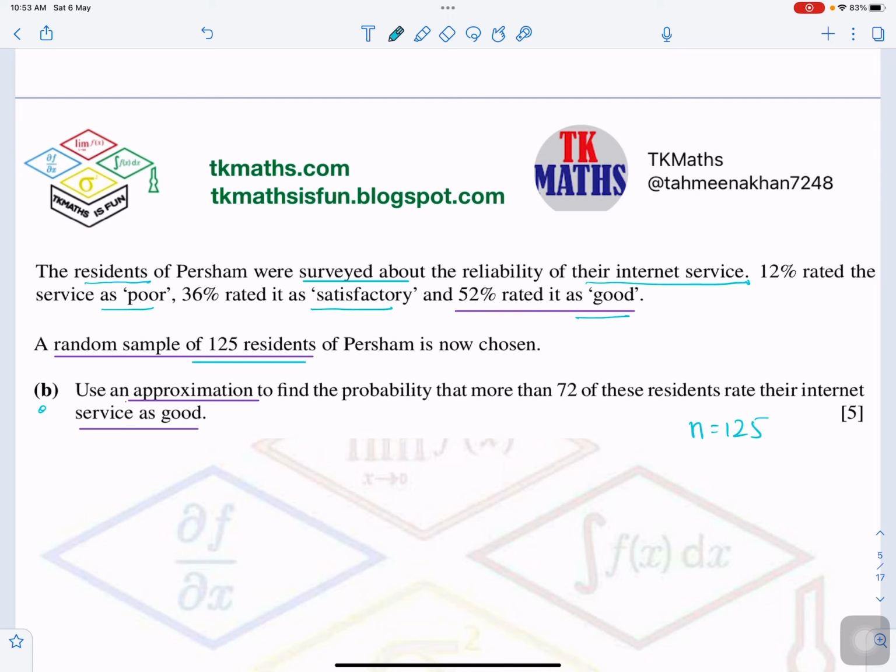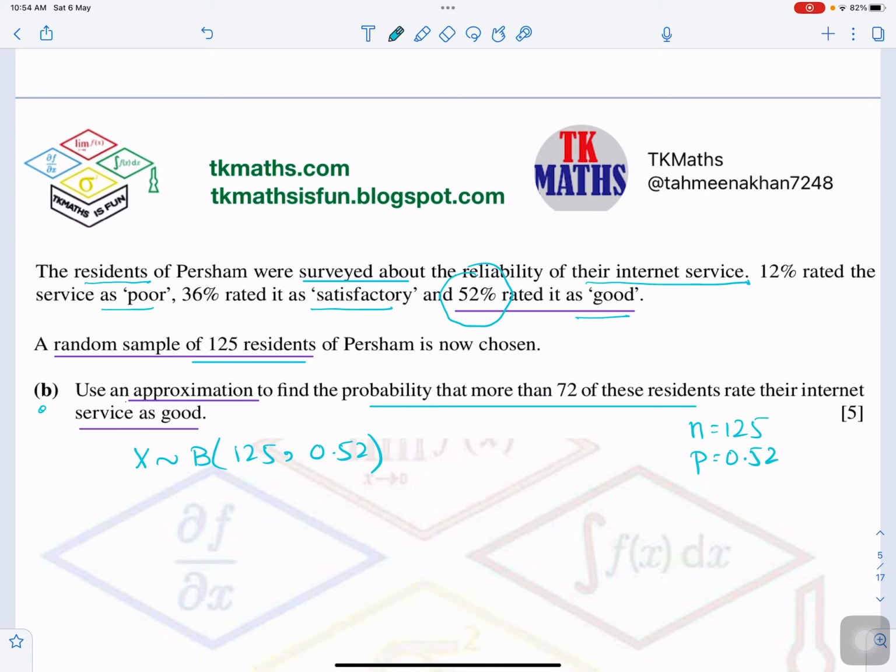Use an approximation to find the probability that more than 72 of these residents rated the internet service as good. So we will only consider here the probability 52%, because part A was related to poor and satisfactory. According to the binomial distribution, your n is 125 and your probability p is 0.52.